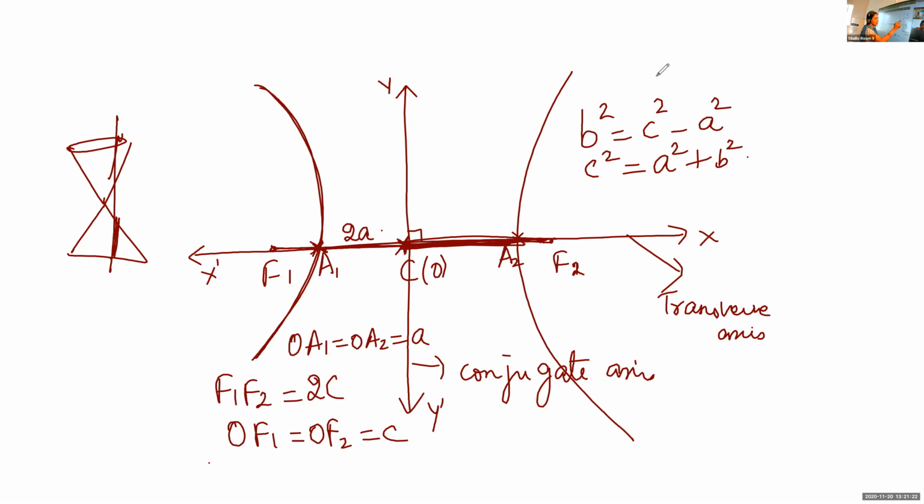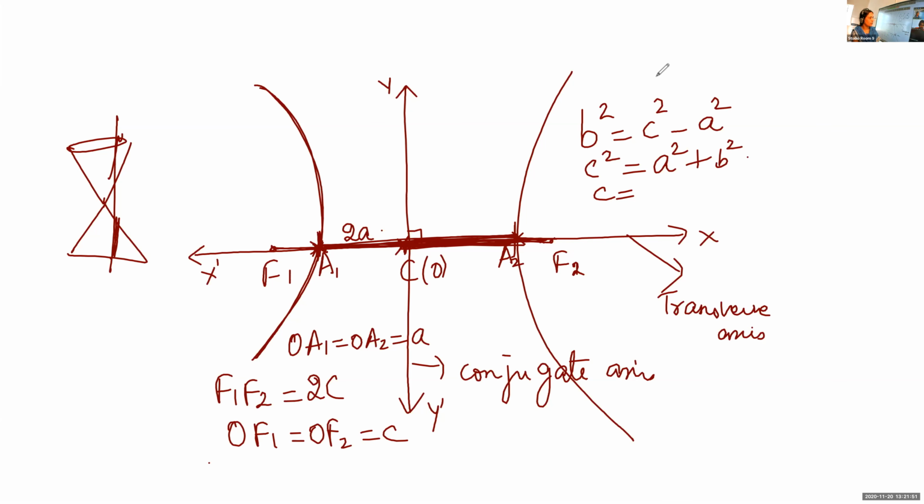Ma'am, can you tell what is A? A is the distance between the two vertices. 2A is the total length. If you take one vertex, this distance is A. Is it clear, children?